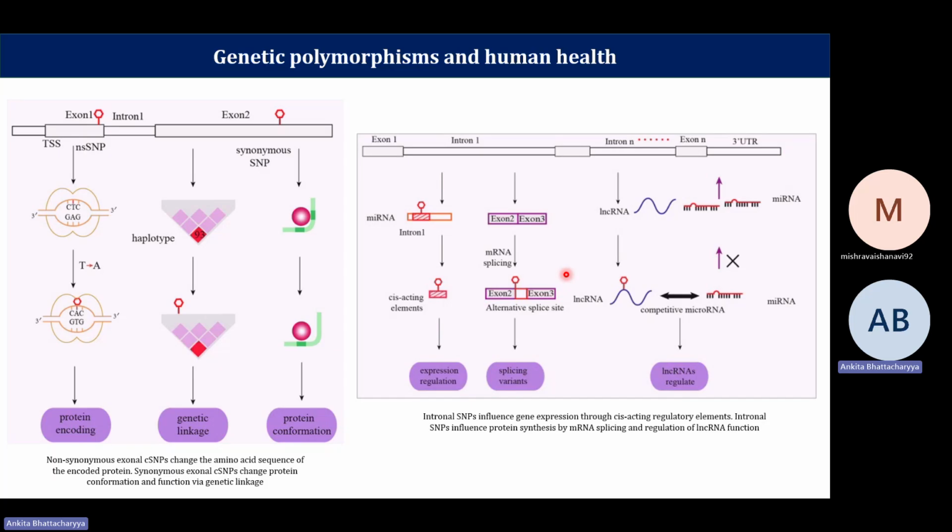That will change the amino acid sequence of the protein, and therefore it can have potentially harmful effects. Intronic SNPs may not directly affect the protein's functional ability, but they are able to influence the gene expression or regulate the gene expression through cis-acting regulatory elements, and that is simply another example.